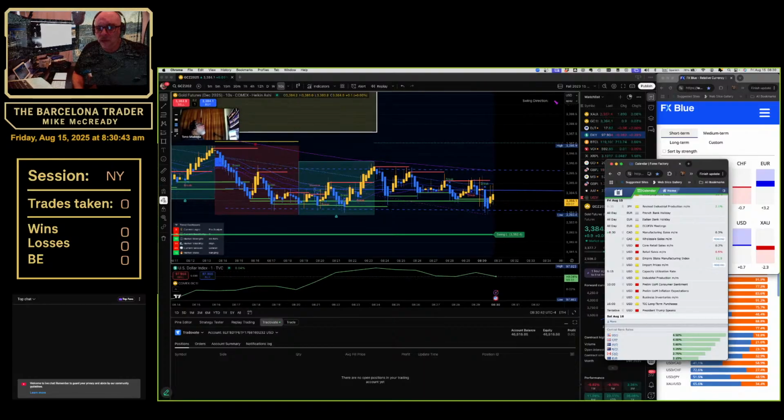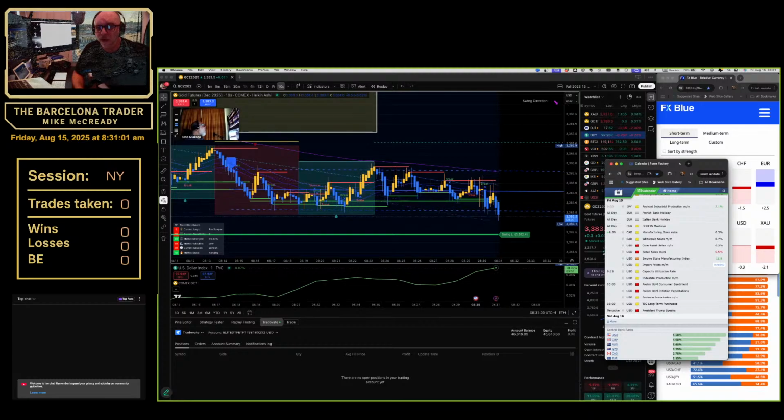Import prices are going to be up month over month, I bet. Okay, retail sales, all that pretty much as expected. A little bit of mixed data between retail sales month over month and manufacturing index. Import prices are up, good for dollar, bad for gold.